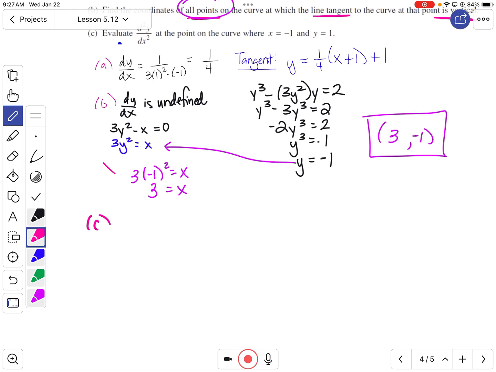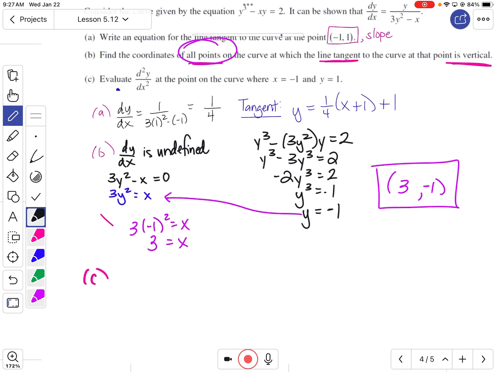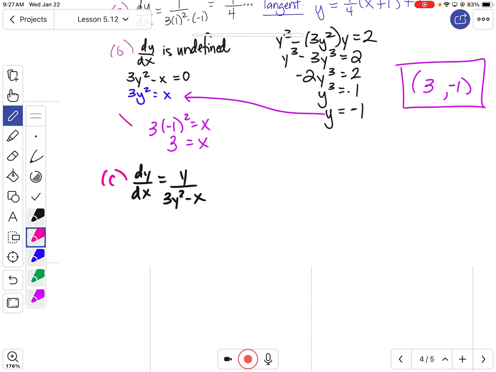So for part C, let's take our first derivative, which was y over 3y squared minus x. And we're going to take a derivative. When I take a derivative this time, quotient rule. Got to use quotient rule, and it's implicit.